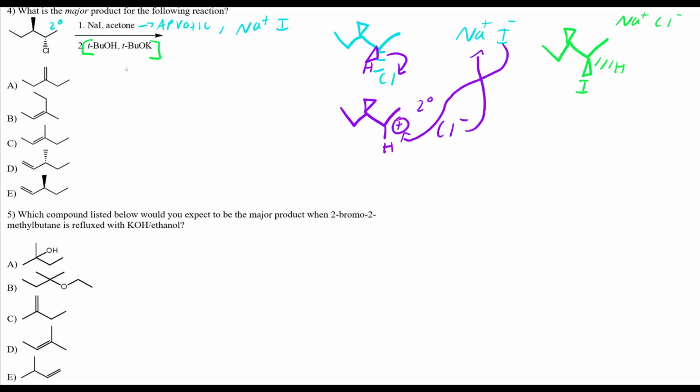Well, we're working with big, bulky bases. And I'm just going to give you the rule right now. Whenever you have anything with t-butyl, like t-butyl OK or t-butyl OH, that's going to be Hoffman favored. So we're going to write a heart and maybe an arrow right there.